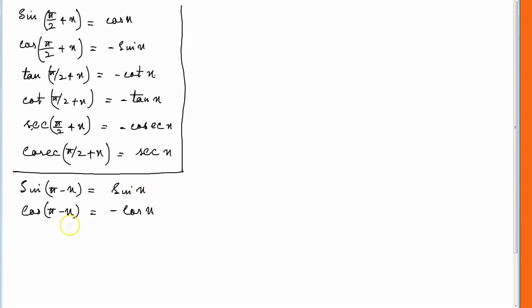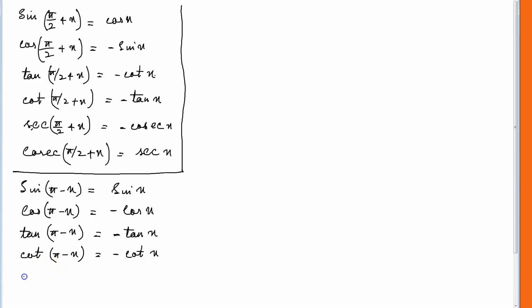We said that the tan of pi minus x is equal to negative tan x. We said that the cot of pi minus x is equal to negative cot x.